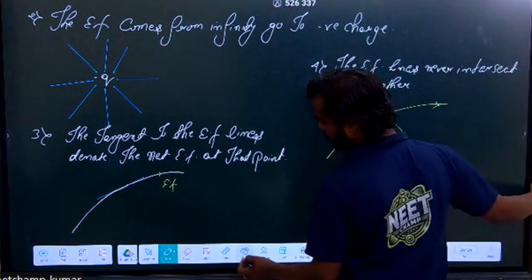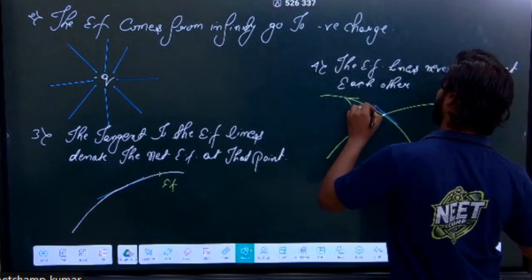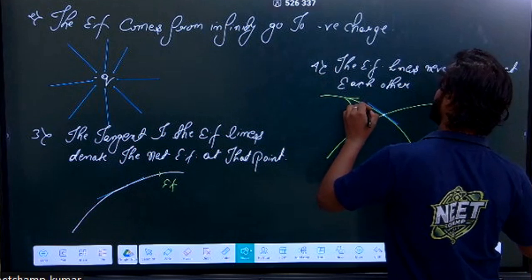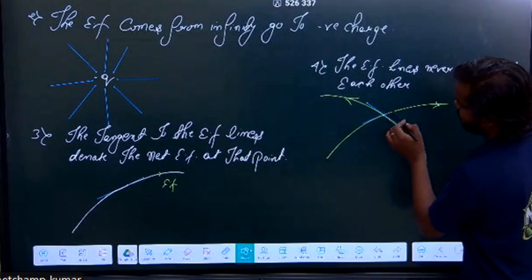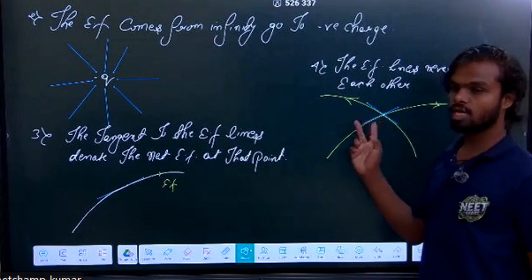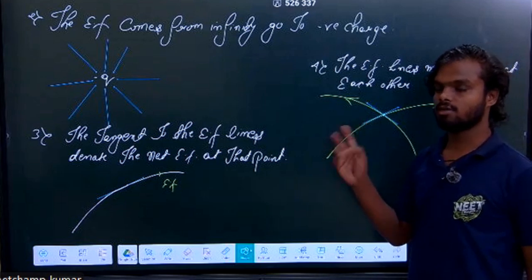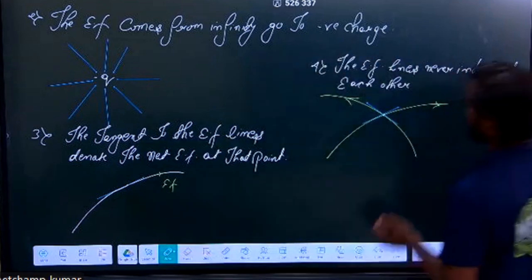Now at this point, draw a tangent. This electric field line will say the direction at this point is this, and this electric field line will say the direction at this point is this. So at one point, you are getting two directions of electric field, which is not possible.